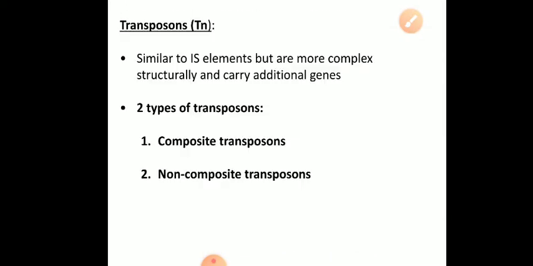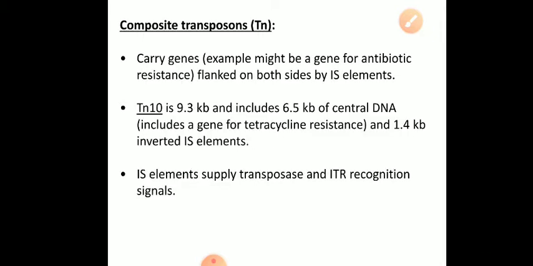Now let us discuss the transposon proper. Transposons are similar to IS elements but structurally more complex and have additional genes as compared to IS elements. There are two types of transposons: composite transposons and non-composite transposons.